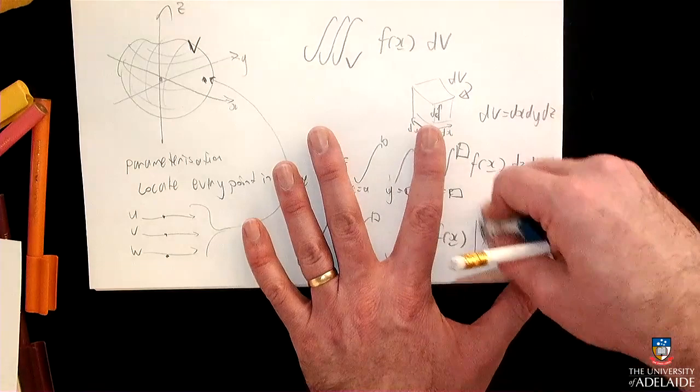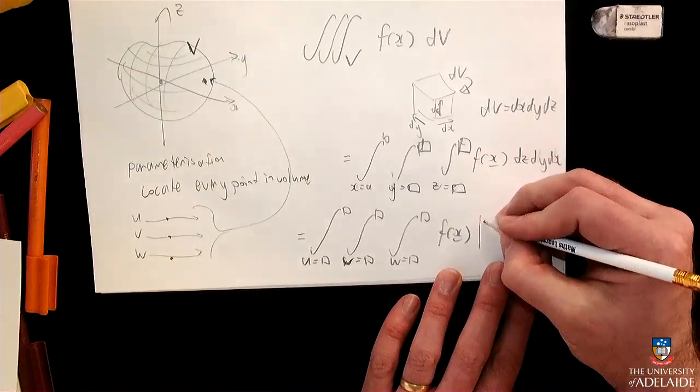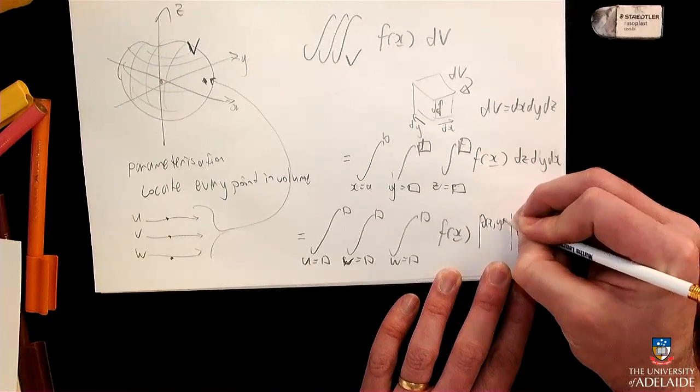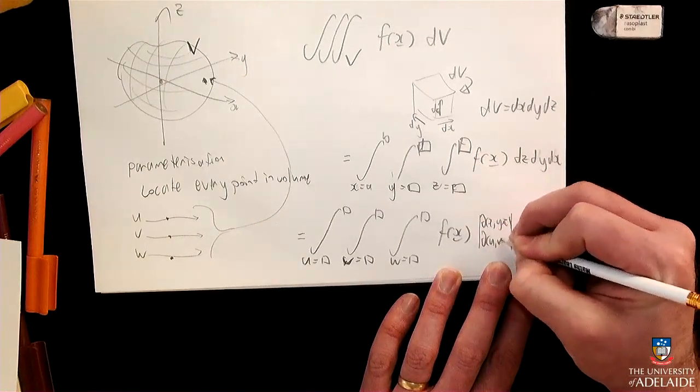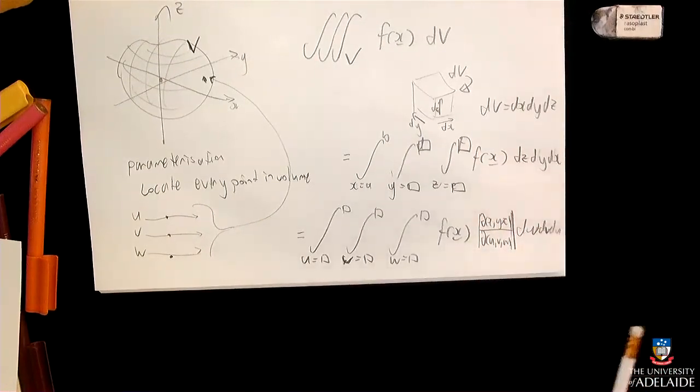So this thing, I believe, is called x, y, z, u, v, w. That thing. And that's the change of variables. Cool bananas.